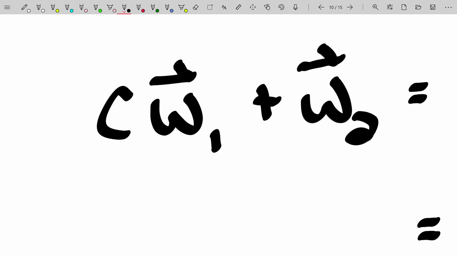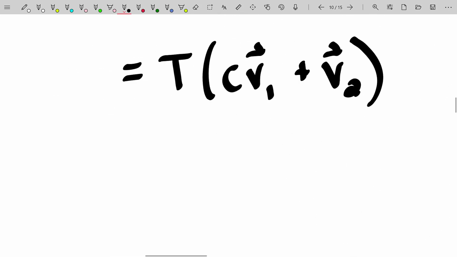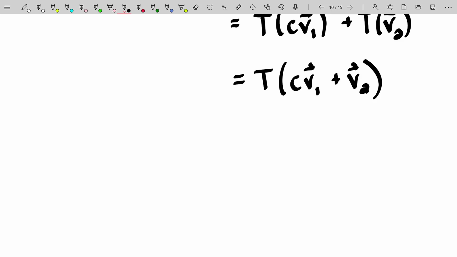Remember what T of H is though. T of H is the transformation of every single vector born from H itself. And if you take a look at this result right here, well, C times V1 plus V2, I'm going to guarantee you is in H. Why?